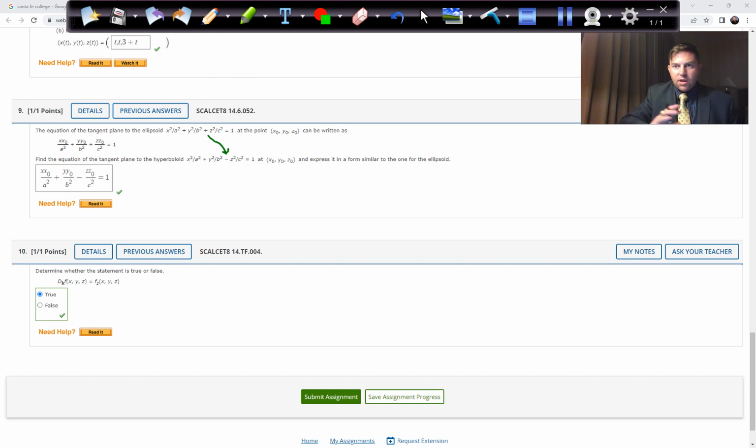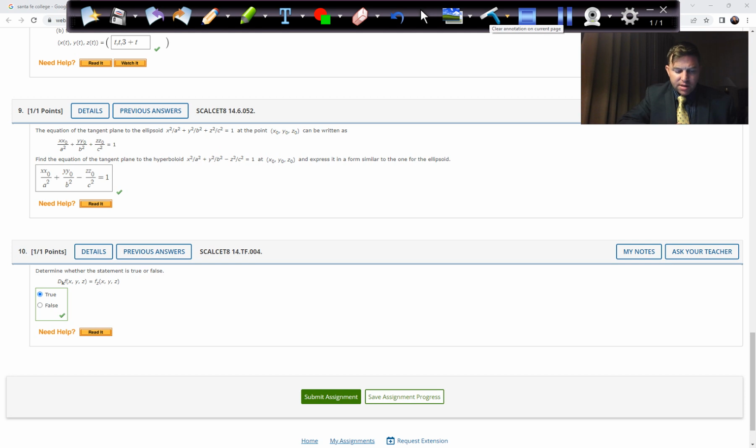If you go through that whole process again, but there's a minus sign there, all it does is change this plus to a minus. So all you have to do is retype this equation and change the second operator from a plus to a minus. So for the hyperboloid, the equation of the tangent plane is almost exactly the same. We just have a minus sign that shows up.